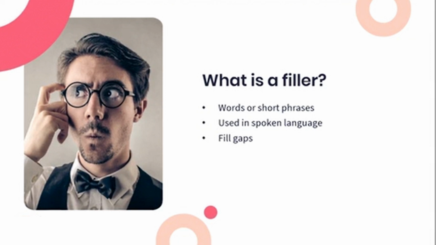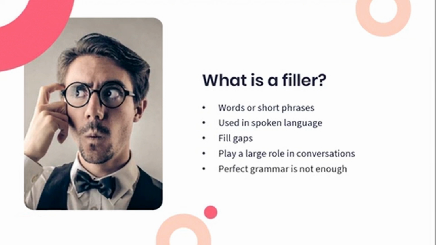Fillers may seem small and unimportant, but they play a huge role in conversations. You know, if your English grammar is perfect, that's great, but you still won't sound natural when you speak English unless you can use fillers correctly.